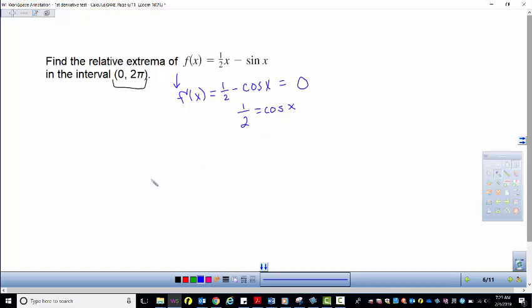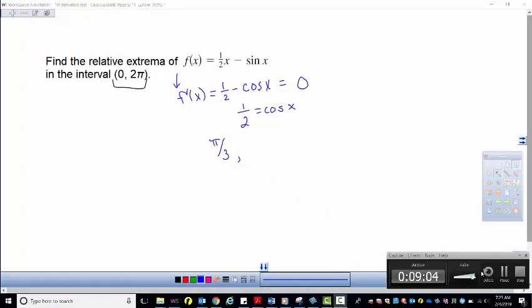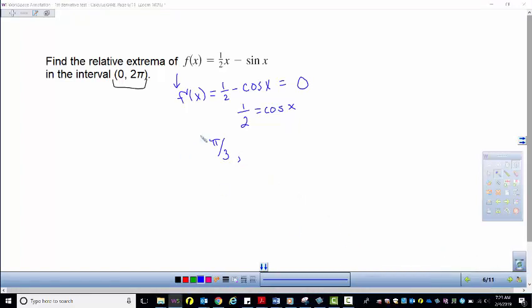Now you have to use your unit circle and figure out where cosine equals 1/2. So think about that. Cosine equals 1/2 at pi over 3. So it's positive 1/2. Then again, it would equal 1/2 at 5 pi over 3. So these are my two critical points.